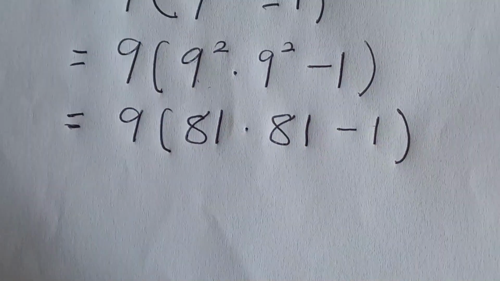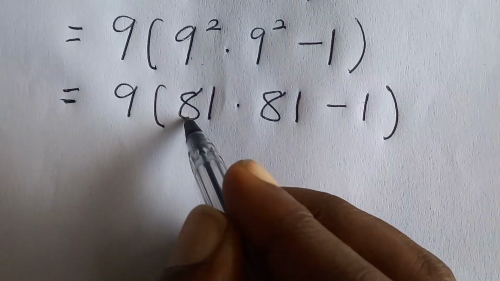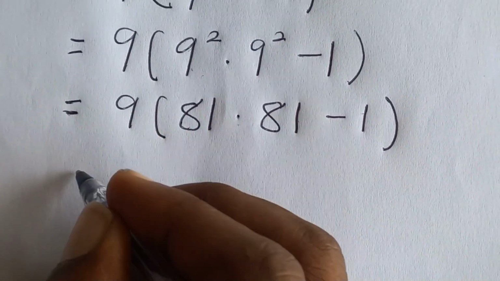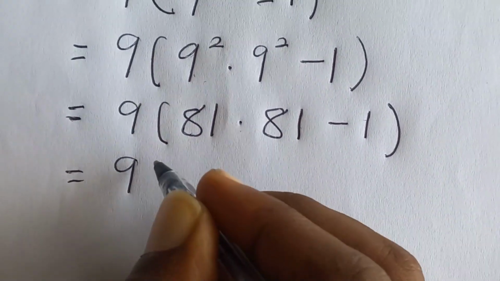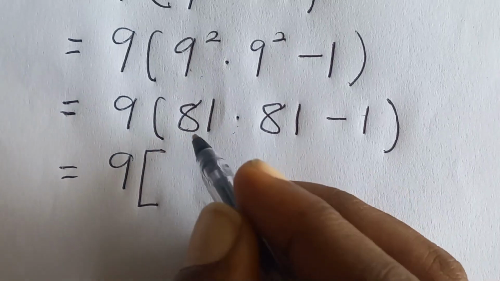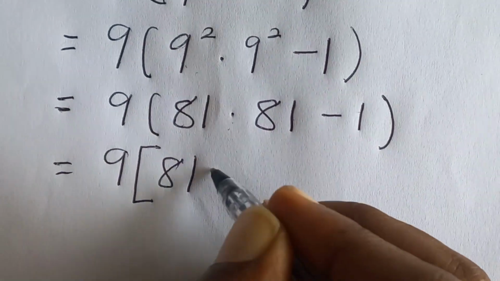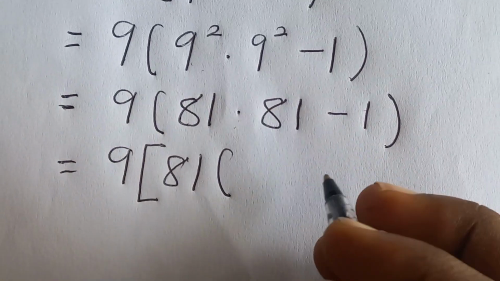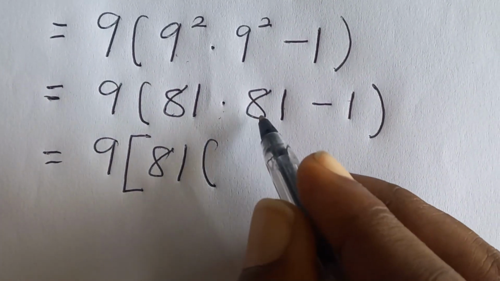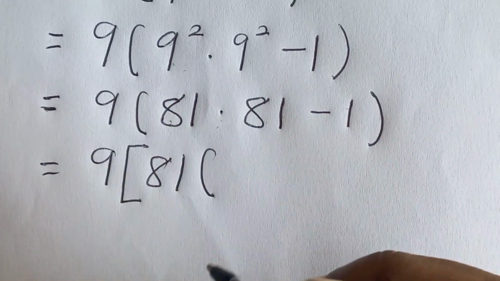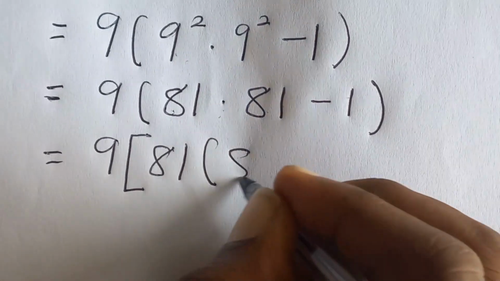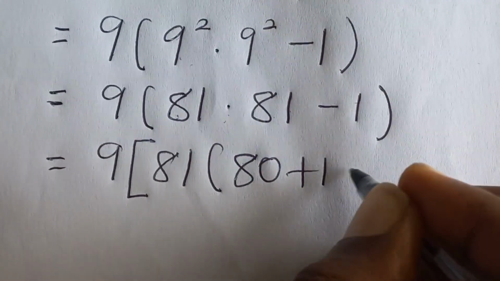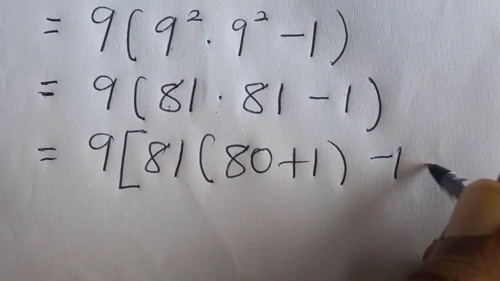Then this 81 times 81, we can write as 9 bracket, this 81 multiplied by this one. We have to make it in a way that we can easily multiply by this 81. So we're going to get 80 plus 1, minus 1.